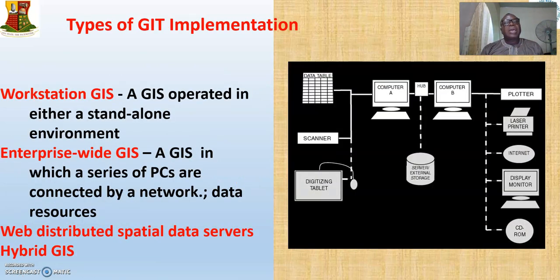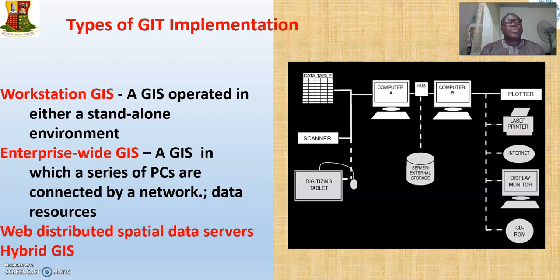So we can implement these GIS databases in different approaches. Number one is that we can implement it in a workstation, which is a standalone system that contains all the databases we have in one place, in one system.